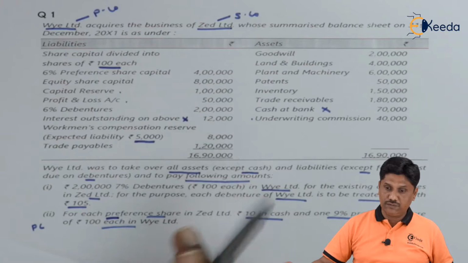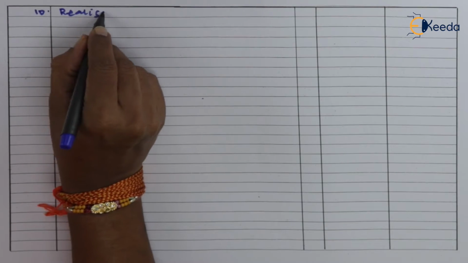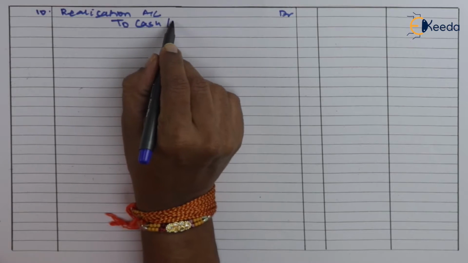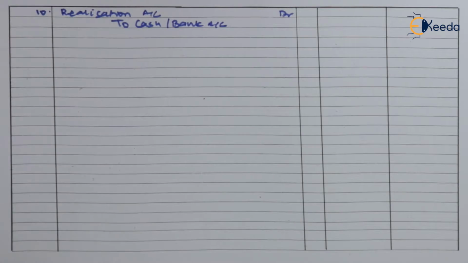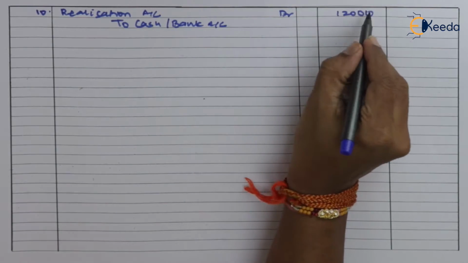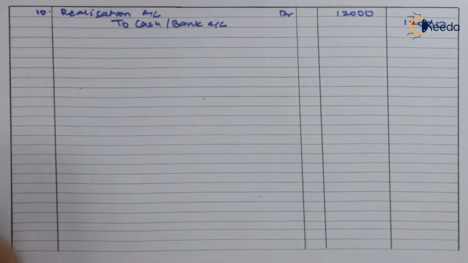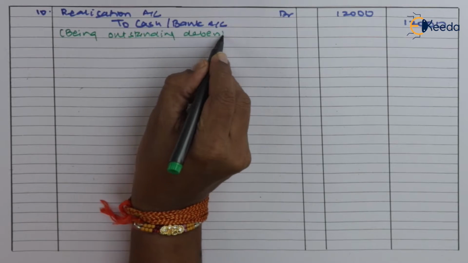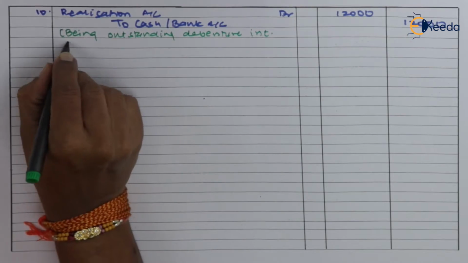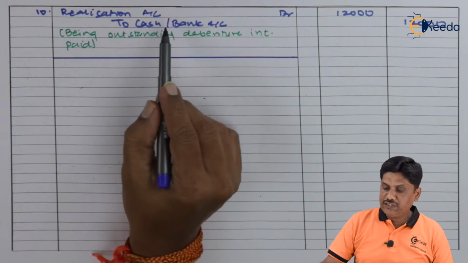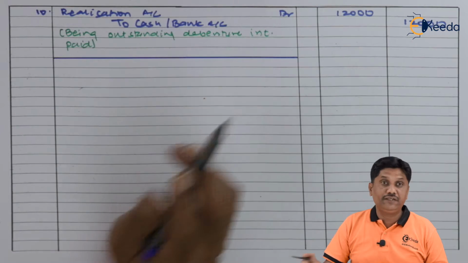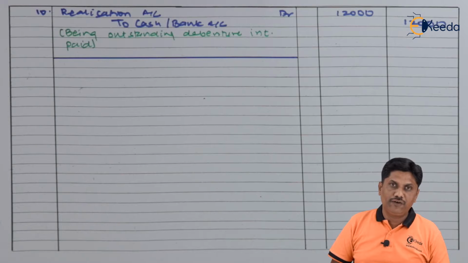Amount will be 12,000. Friends, you can notice our entry: realization account debit to cash or bank, and our narration is being outstanding debenture interest paid.